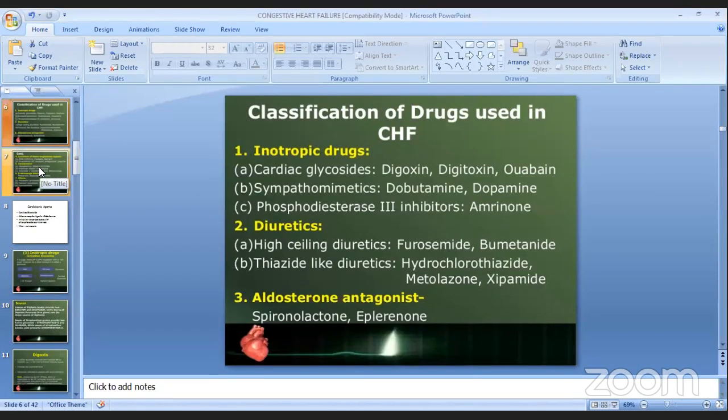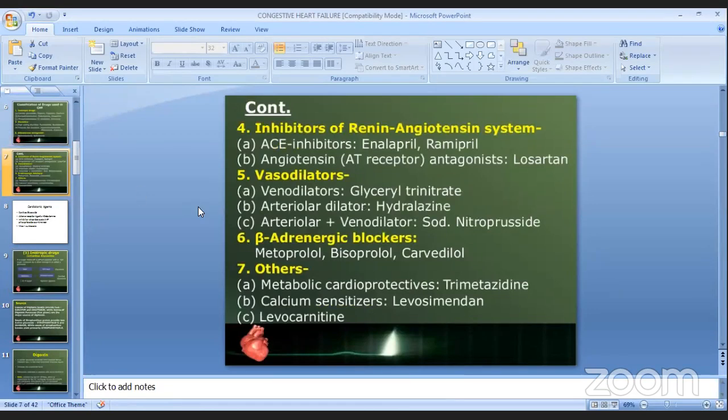The next category of drug is the renin-angiotensin system inhibitors. I have already discussed them in the antihypertensive classes of drugs. These are ACE inhibitors like enalapril, captopril, and lisinopril. All belong to this category.